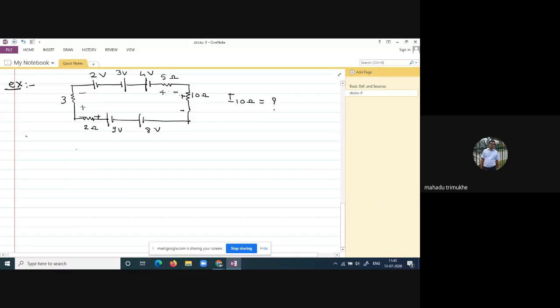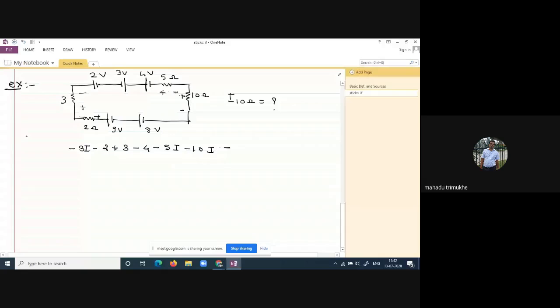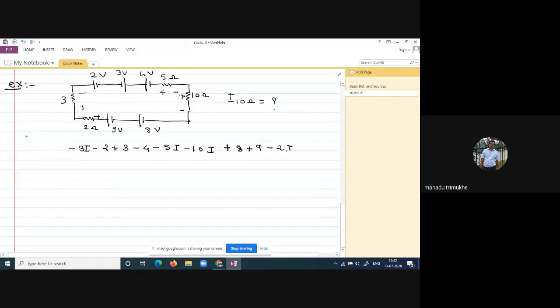When you apply the KVL, starting from here: minus 3I, the current, minus 2, your voltage source here, minus 2 again voltage source, plus 3, minus 4, minus 5I, the current flowing through the 5 ohm resistor, minus 10I, plus 8, plus 9, and here minus 4. This is your loop KVL.